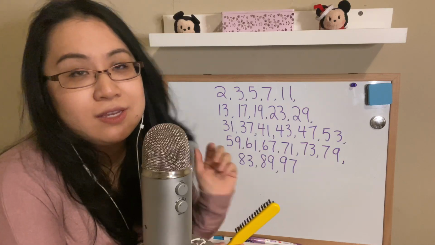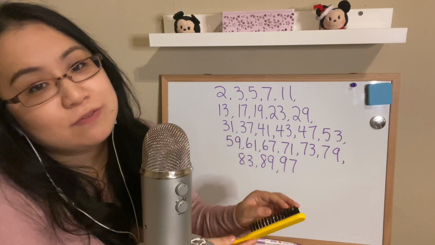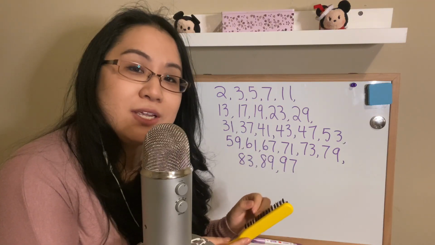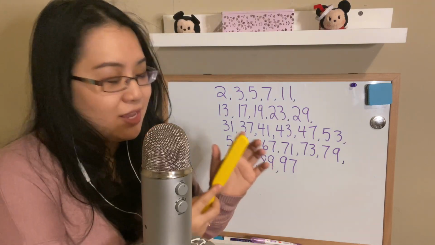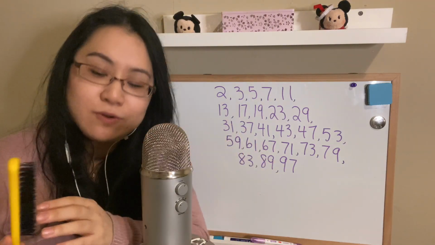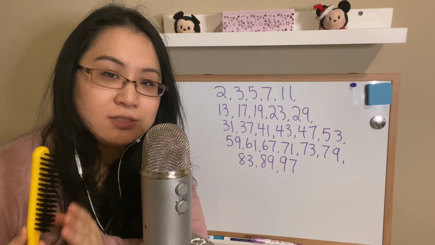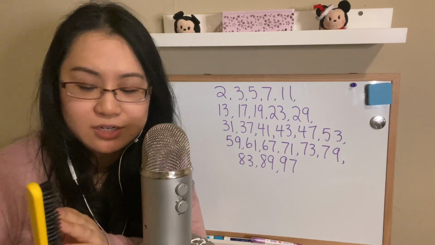12 is, let's see, 3 times 4, but 4 is 2 squared, so 2 squared times 3. And I like to write the prime factors from smallest to biggest, which is pretty common for number theory and helpful.